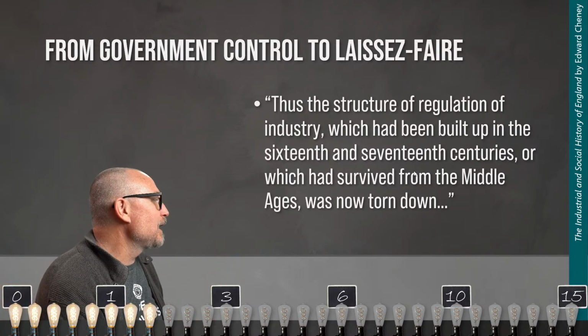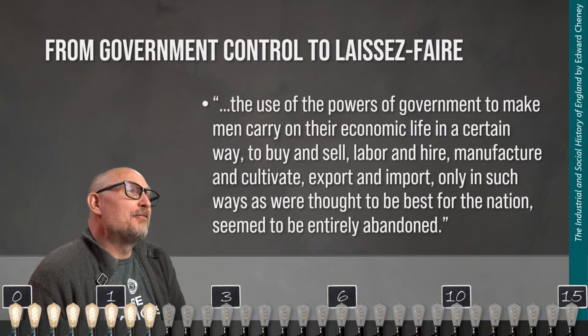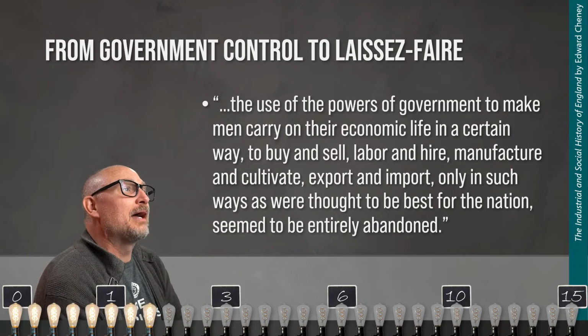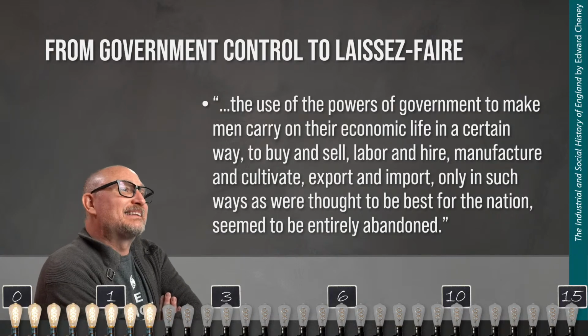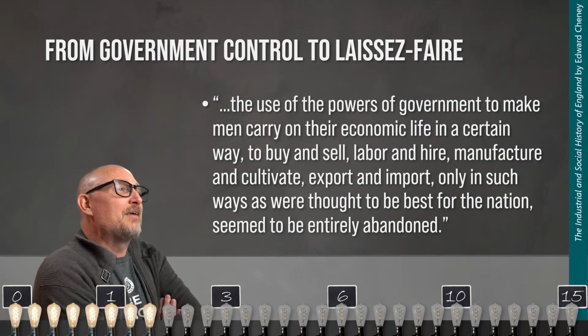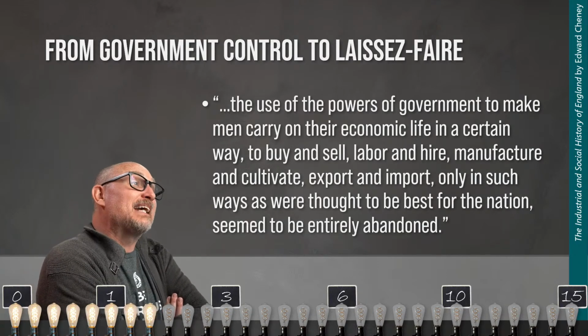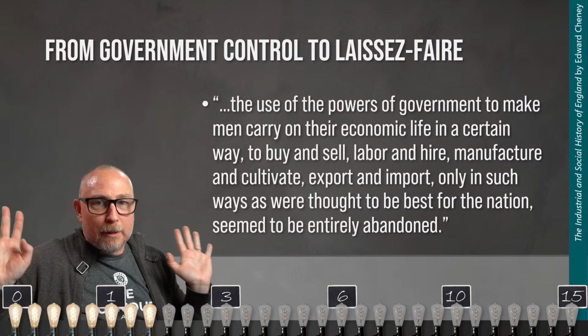All right, so what does that mean for us? The use of powers of government to make men carry on their economic life in a certain way, to buy and sell labor and to hire, manufacture and cultivate, export and import, only in such ways as were thought best by the nation, seem to be entirely abandoned.